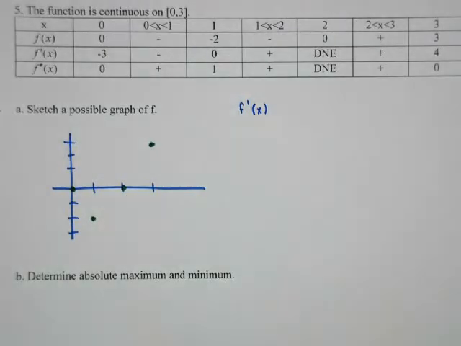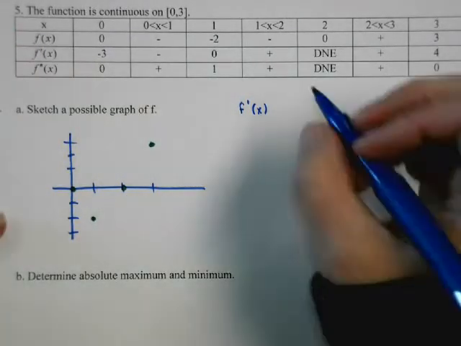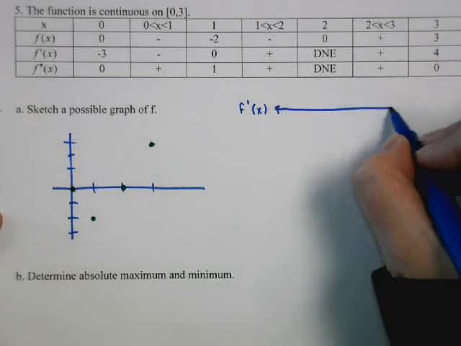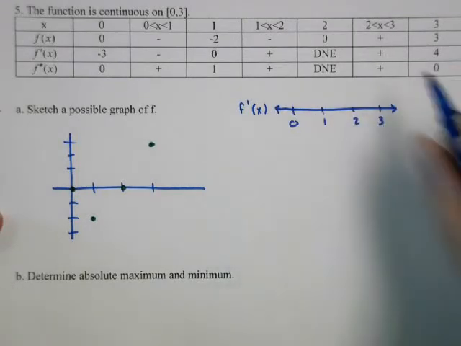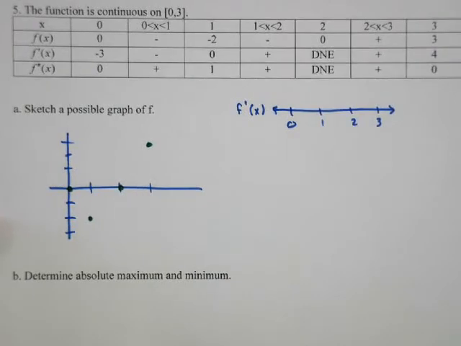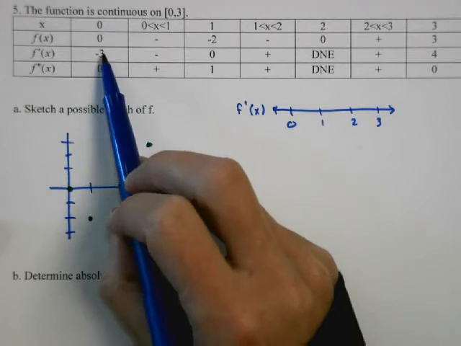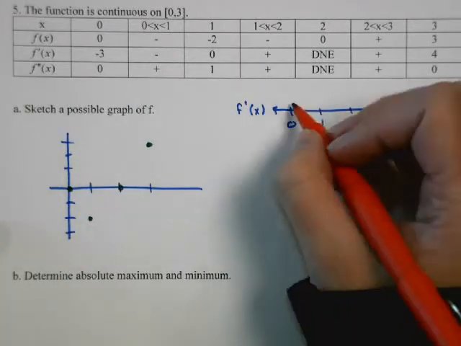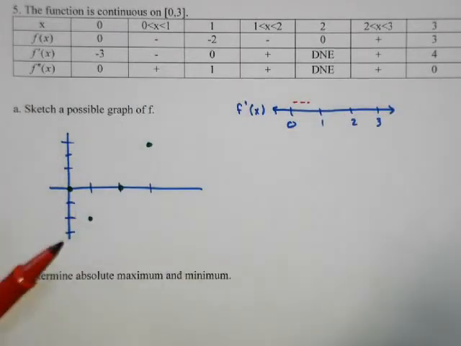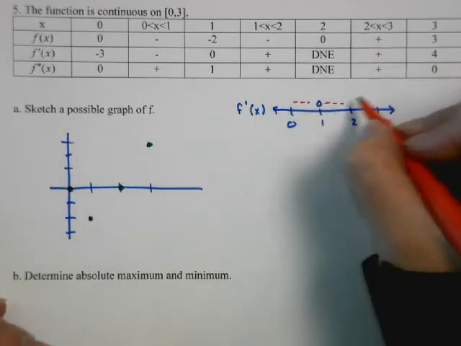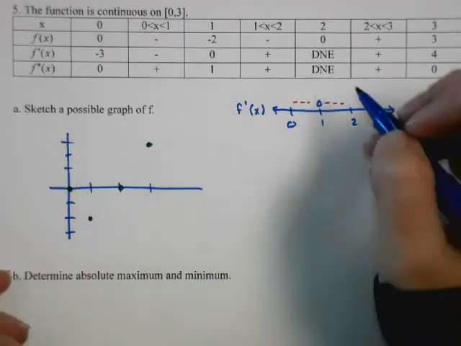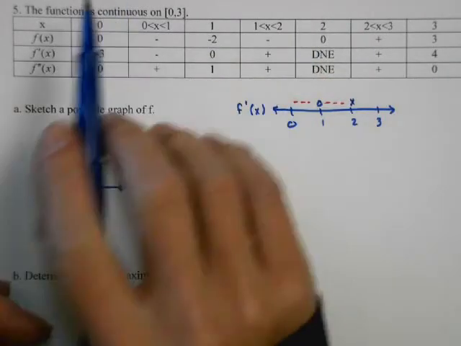Now we want to connect the dots using the information here. So I'm going to put this on a number line. So my derivative is negative up to 1. At 1, it's 0. Then it is positive. It's undefined here, but our graph is continuous.